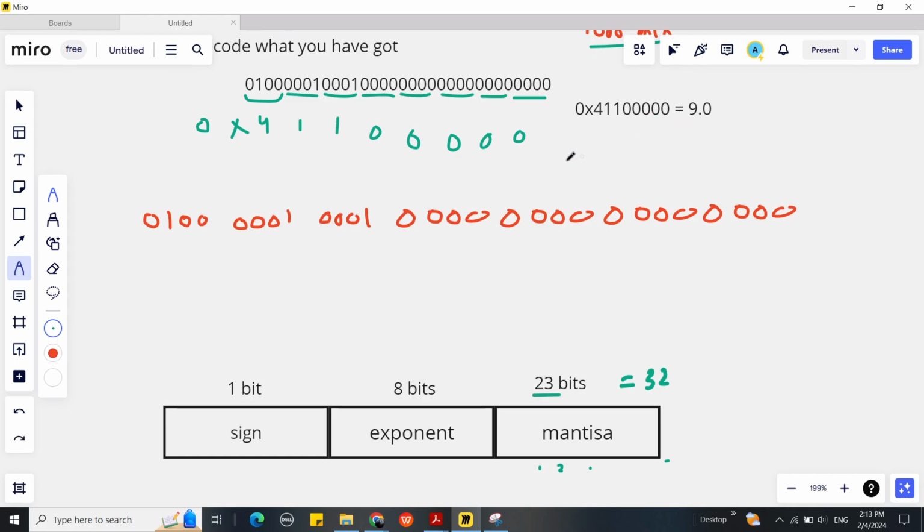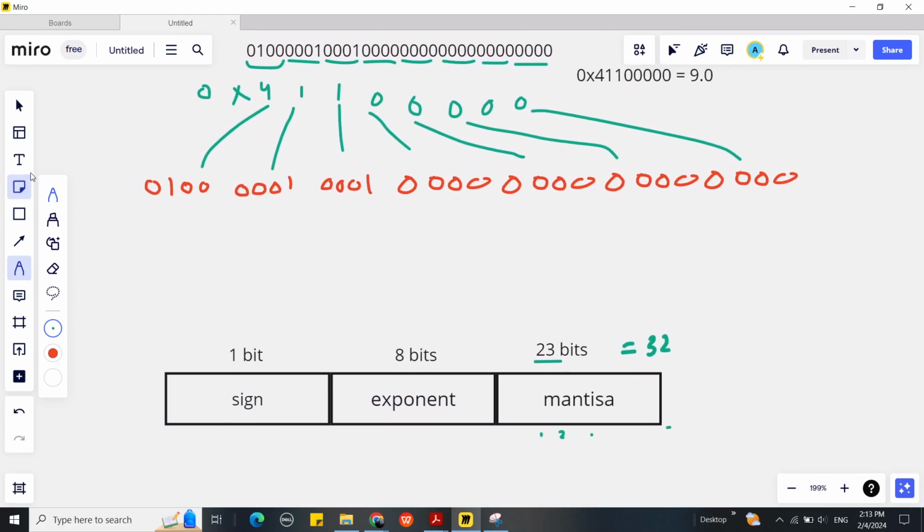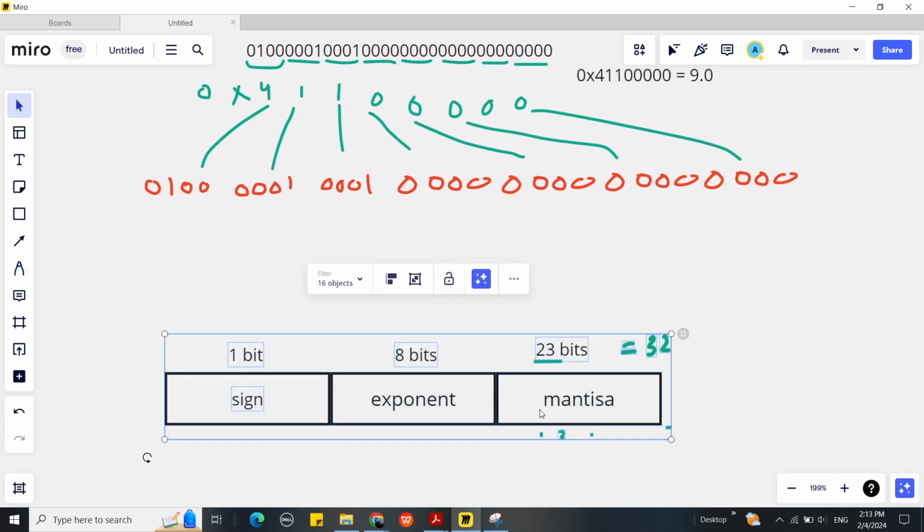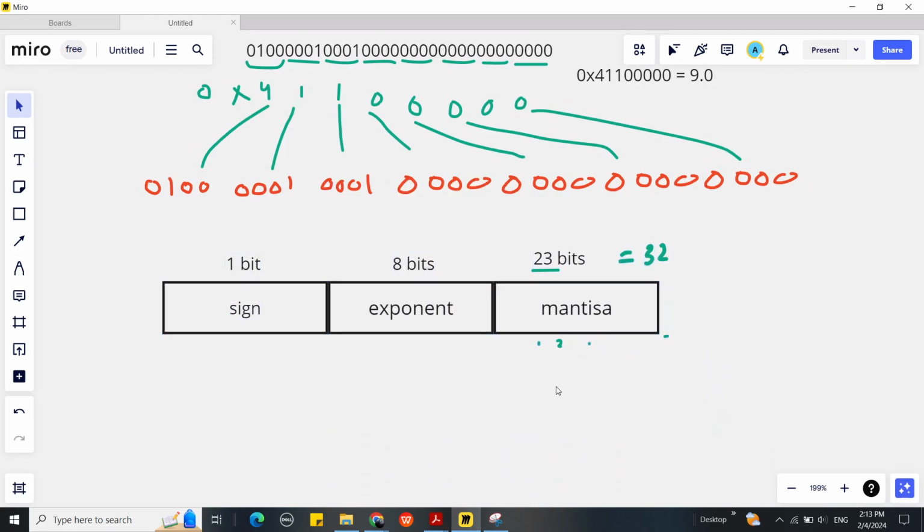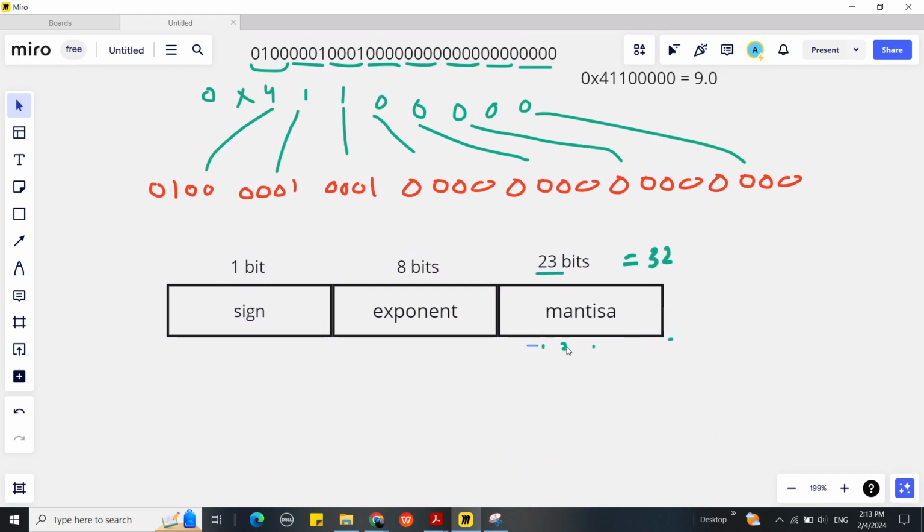Now we just want to go from here to here, which is the opposite. So basically, first step, you break the machine code into a set of binaries. As you can see, I broke it here, every hex digit into its bits. Next step, you need to take the table, the structure of a single precision, and break it down.